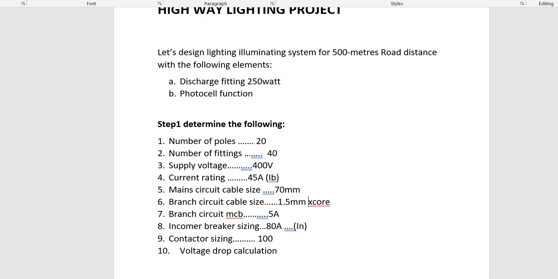It's going to be autoflex cable, a 3-in-1 autoflex cable: live, neutral, and earth. That is why we are using 3 core.